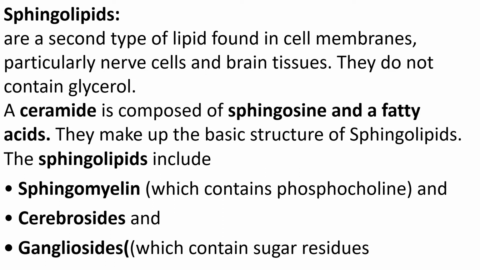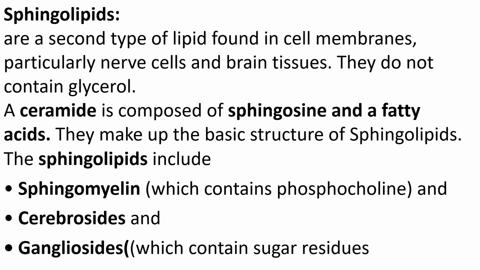So ceramide is the basic structure of the sphingolipid, and when a phosphate group with choline is attached to this, it is called sphingomyelin. Sphingolipids can be classified on the basis of the alcohol group. In sphingolipids, the alcohol group is an amino alcohol called sphingosine.